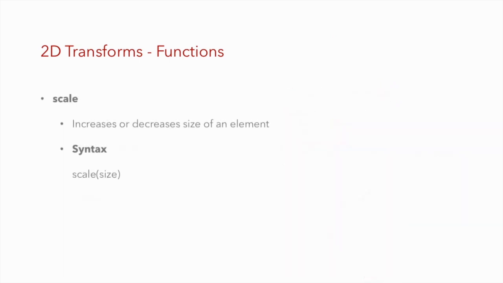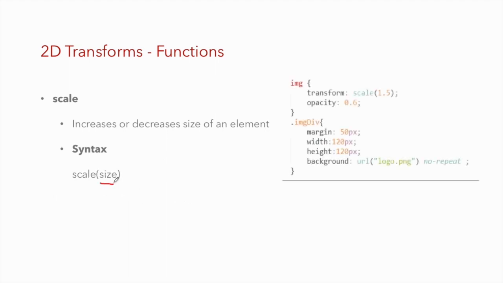Next we will talk about scaling. What scaling does is it increases or decreases the size of the given element. So what we need to do is use the scale function. Inside the scale function you can specify the size. Here is an example. What we are specifying over here is we want to scale the original image by 1.5 times.